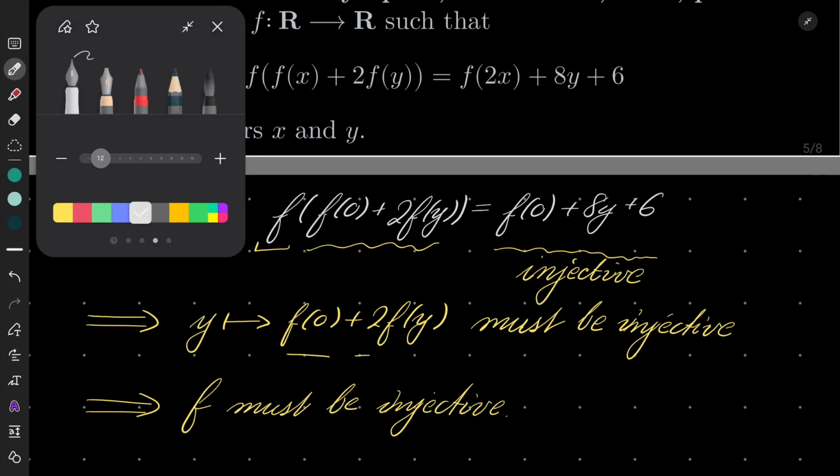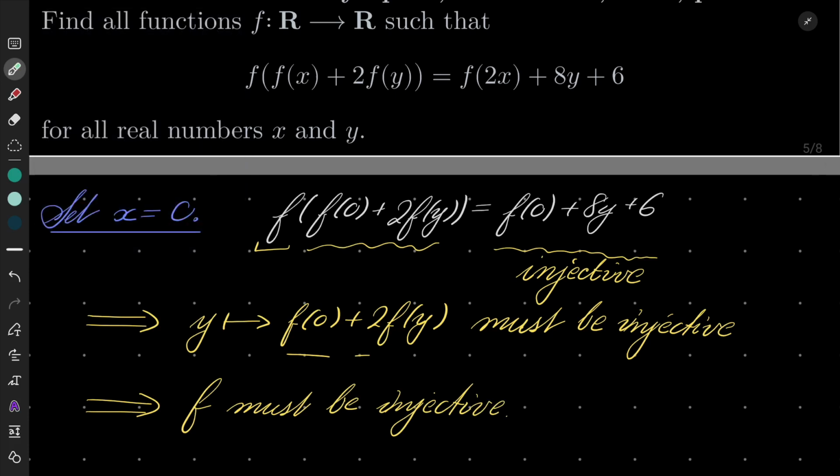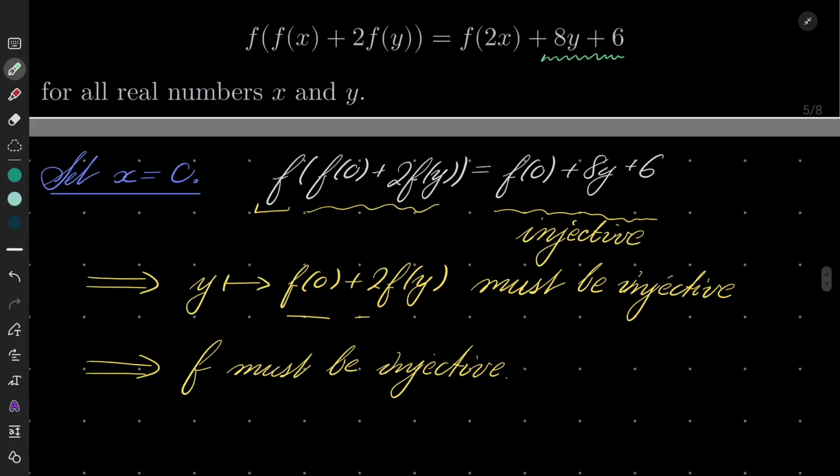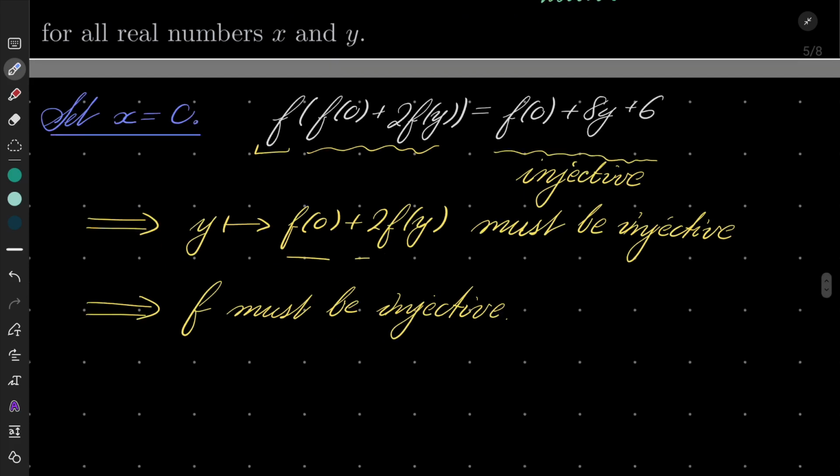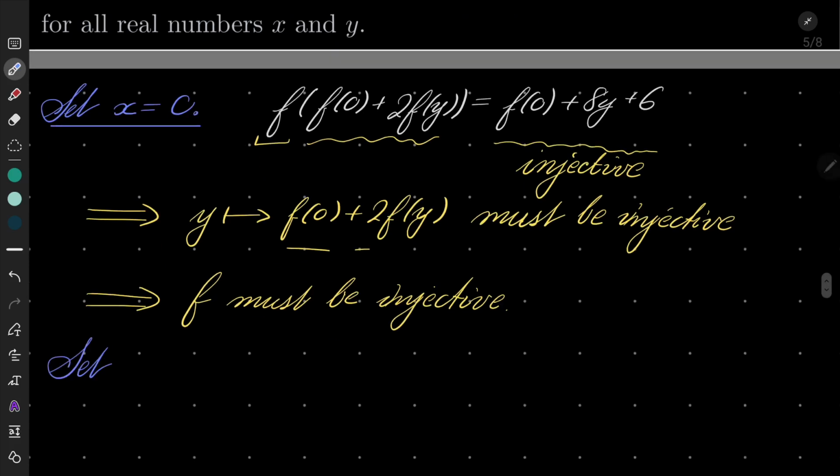And now, let's set a value of y such that this part, 8 times y plus 6, vanishes. It should be pretty clear that this value of y is minus 3 over 4. So let's now set y to be minus 3 over 4. What do we get?